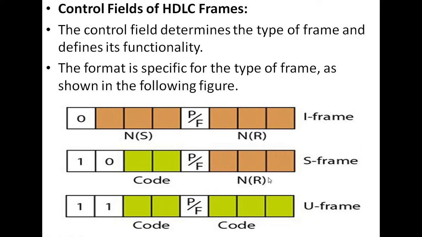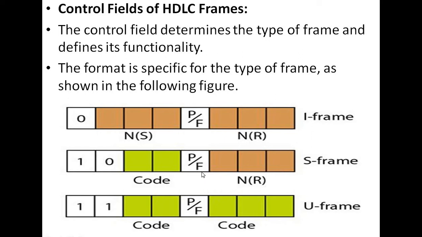The 2 bits are called code bits. They are used to define the type of S-frame itself. So what are the types of S-frame?